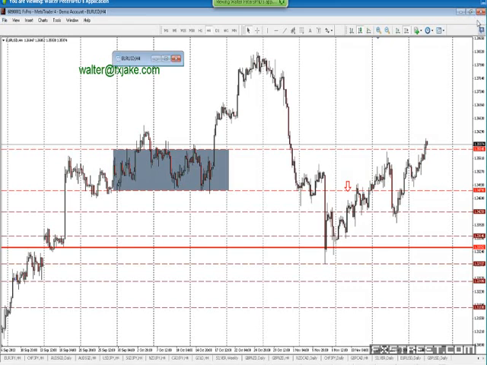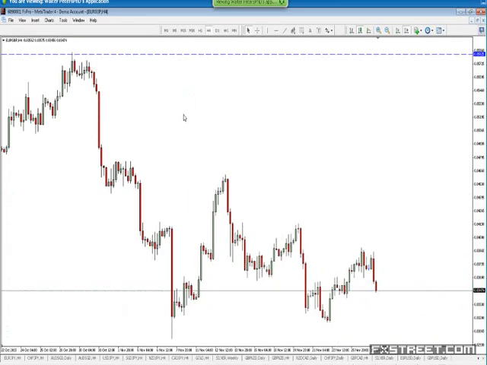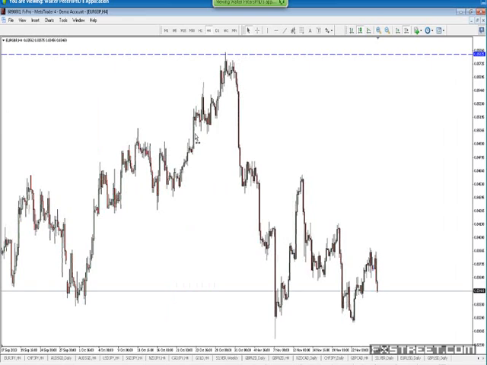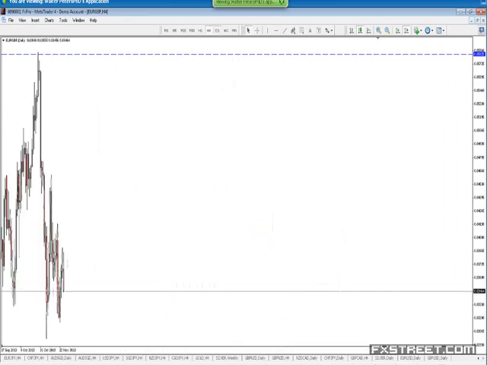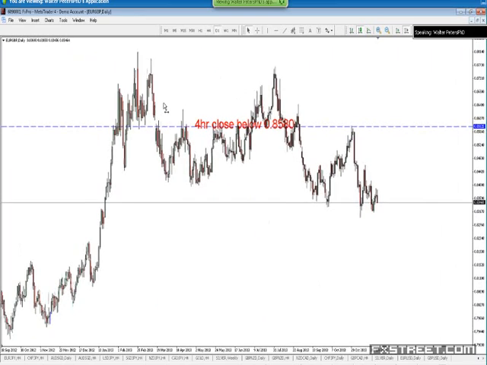Euro pound. 4-hour candles, and the date was November 7th and November 22nd. Oh, yeah. Okay, yep. Now, I don't have a zone drawn here, but let's just see. Yeah, this is a little bit scary. Here's why.